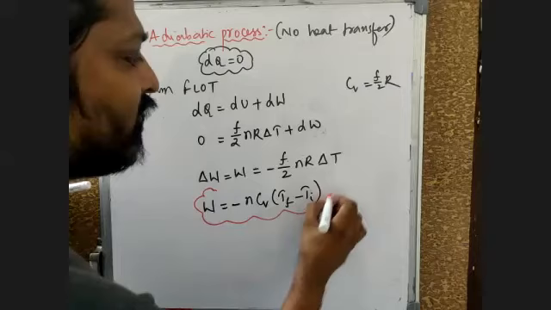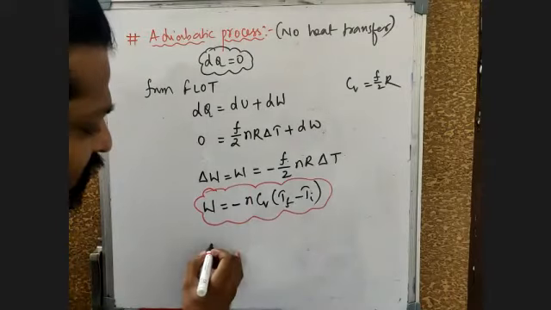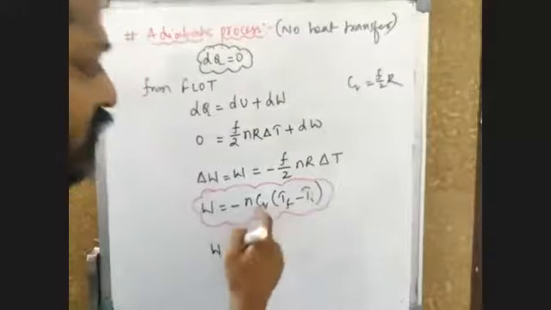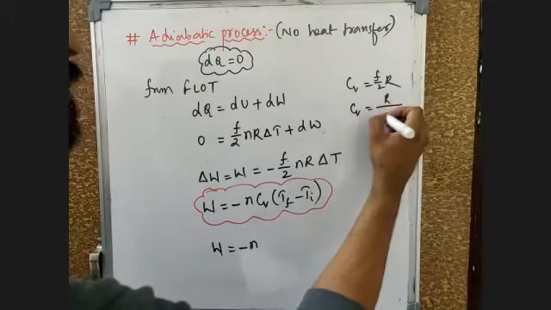Yes, sir. Now I know the value of CV in terms of gamma, beta. W is equal to minus n into CV. CV in terms of gamma: sir, R by gamma minus 1.